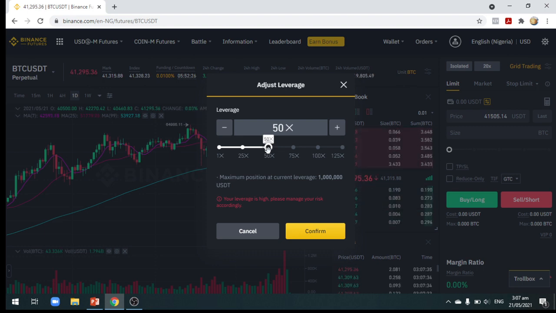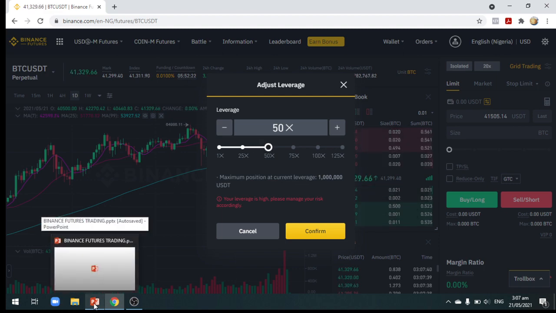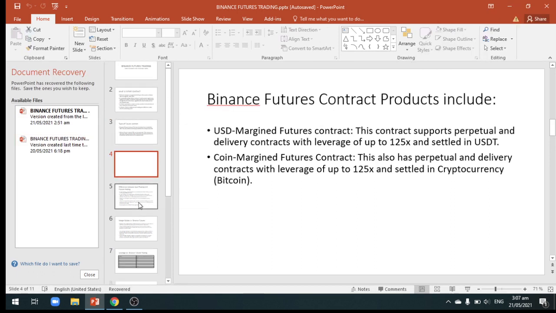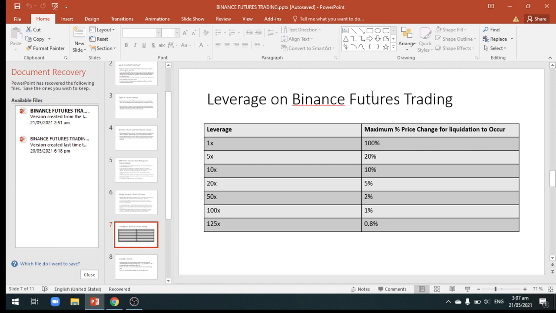Let me show you a quick graphic representation of what I'm saying here. The lower the leverage, the higher the percentage price change for liquidation to occur. So if you're using 1x leverage, you need a 100% change in price before that particular position can be liquidated.